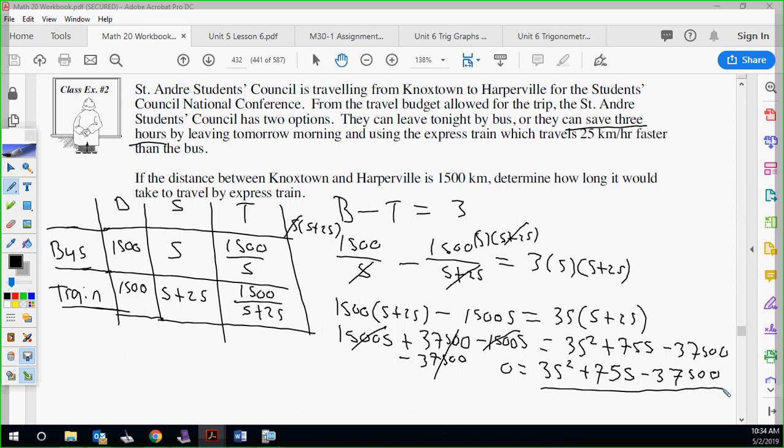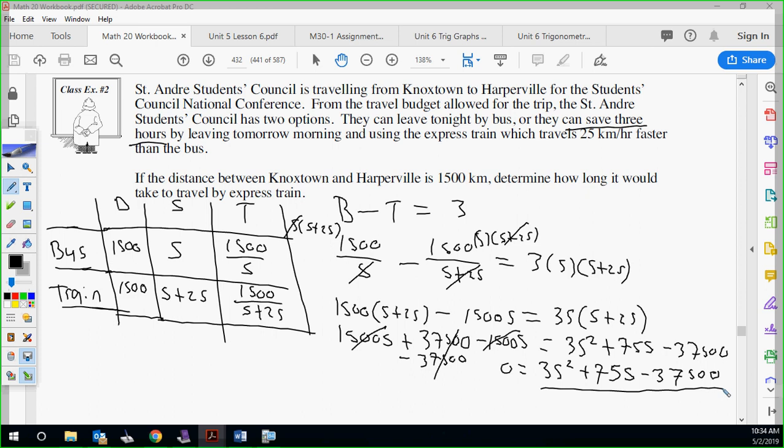Okay, so this is one where, guys, I don't expect you to know your factors of 37,500. Yes, you can take out a 3 and it makes it a little bit better, but you're still going to be in the 1,000s. So this might be one that you put in your calculator and find one of the zeros to help you find the other one, to see if it factors out smoothly.